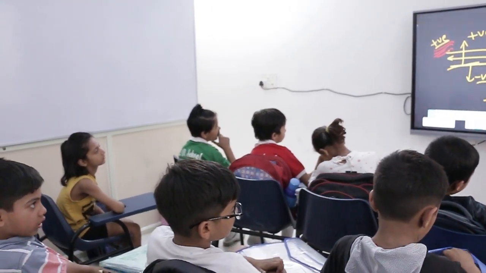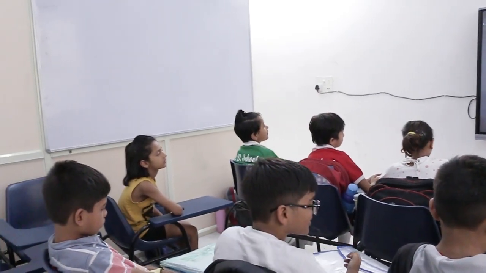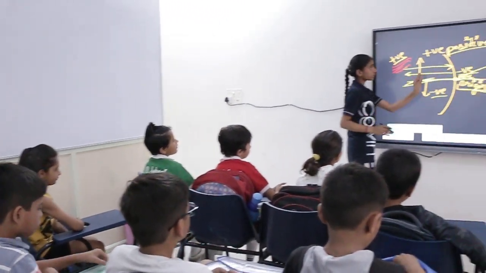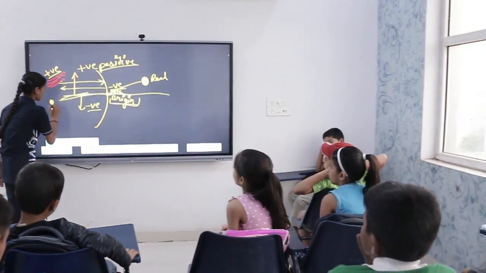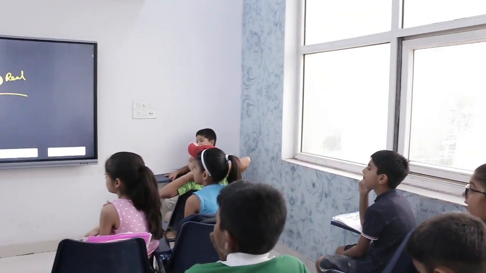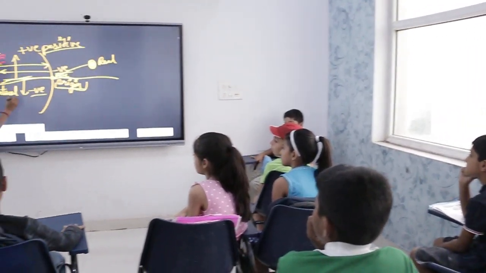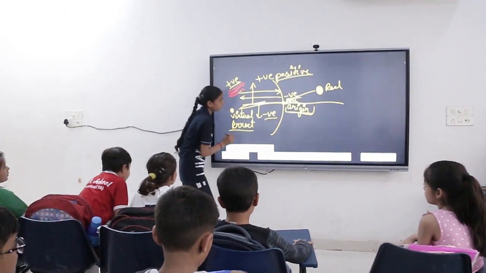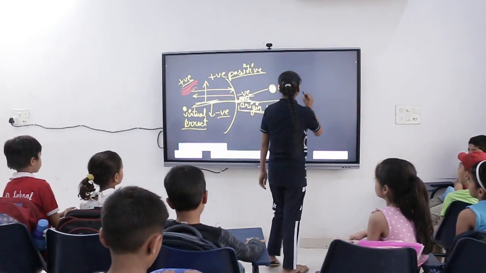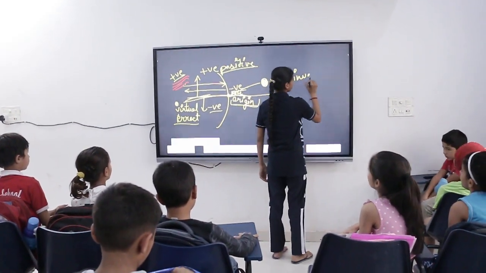This is real. And in front of our concave mirror, the image is virtual. Okay? Virtual is also known as erect. And real is also known as inverted.